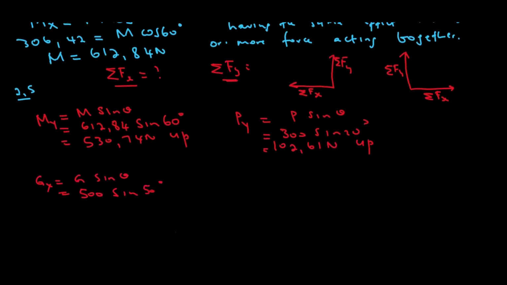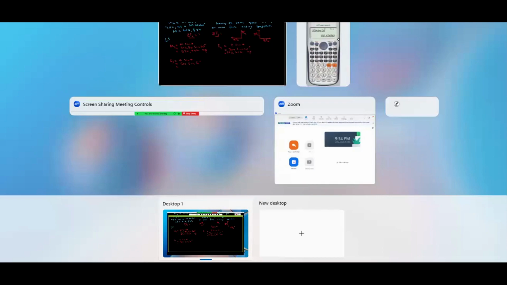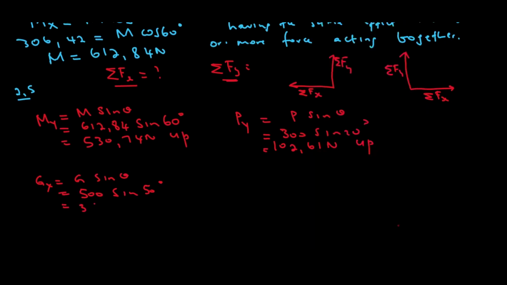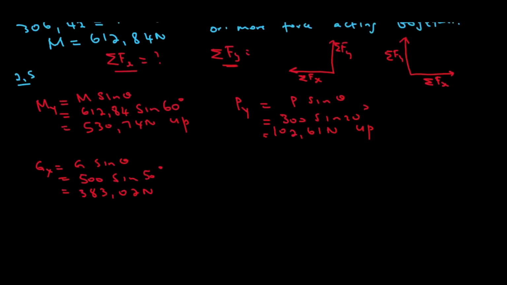Let me work out the answer. So we have 500 sine of 50, which is 383.02 newtons. And again, I did mention that this one is going to act downwards, so this is going to be down.